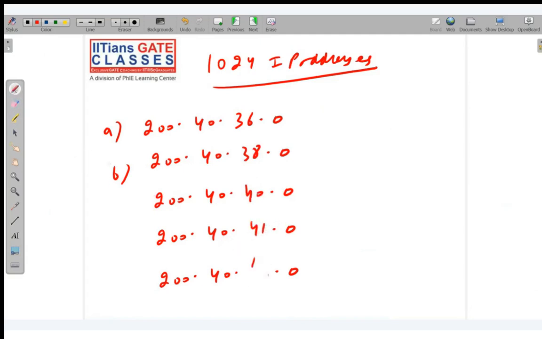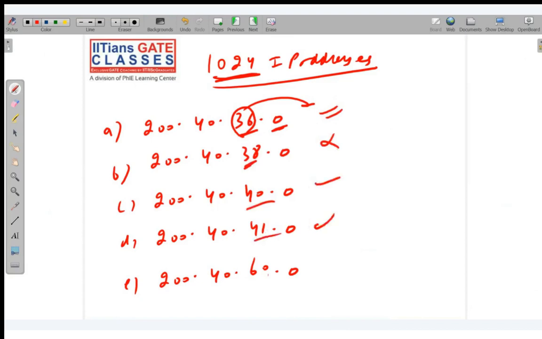Which is correct, which is wrong? 1024 IP addresses means we want 10 continuous zeros: 8 zeros from the last octet, 2 zeros from here. So this number should be a multiple of 4. 36 is a multiple, so this can be given. 38 is not a multiple, so not given. 40 is a multiple, so it can be given. 41 is not. 60 is a multiple of 4, yes, so it can be given.